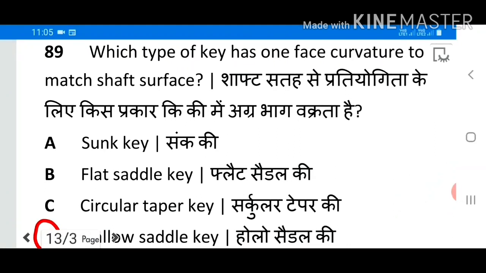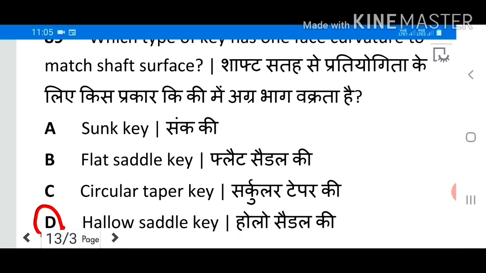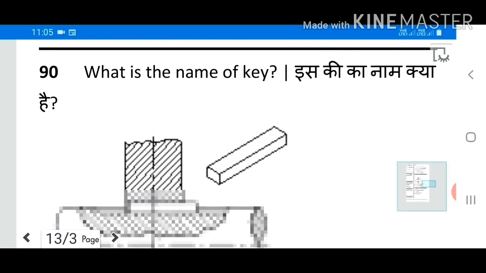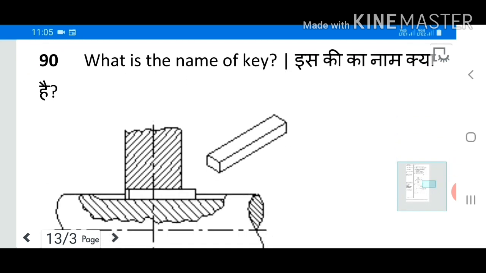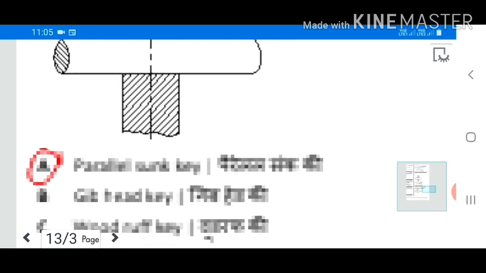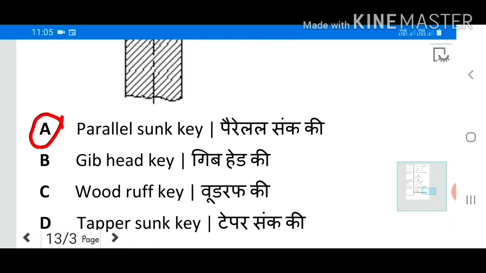Which type of key has one face curvature to match shaft surface? Answer D. Hollow saddle key. 90. What is the name of key? Answer A. Parallel sunk key.